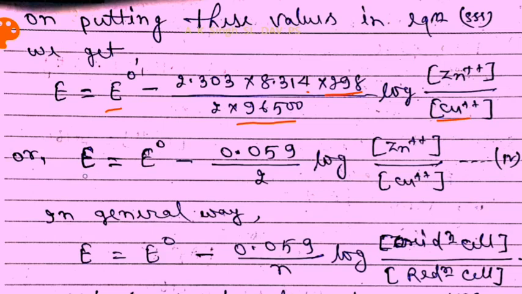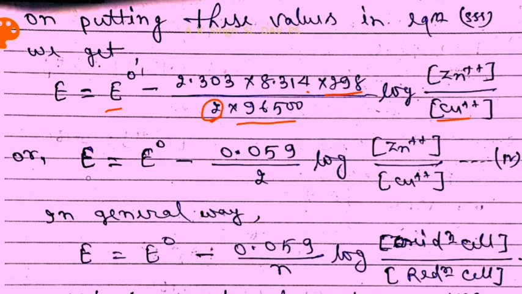Or E is equal to E naught minus, after multiplying those values we get 0.059 except the value of n, because the number n differs in different cells but other values will be the same.